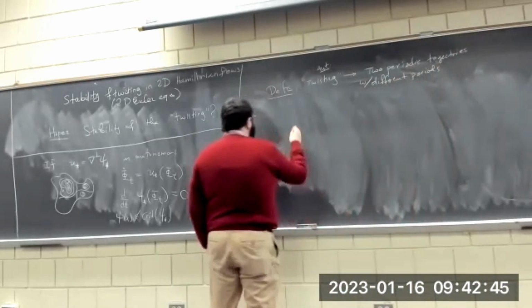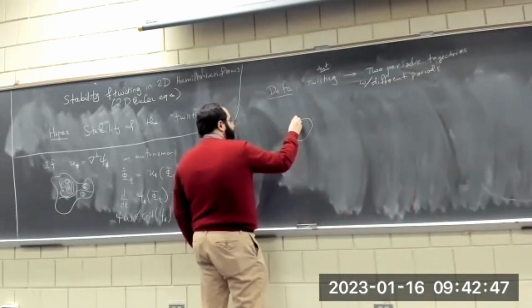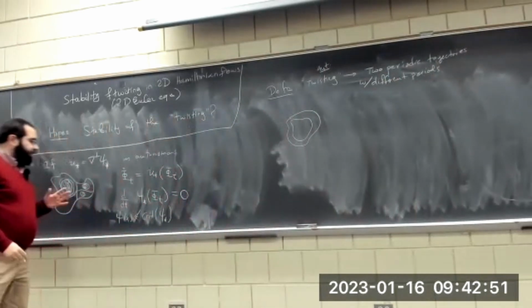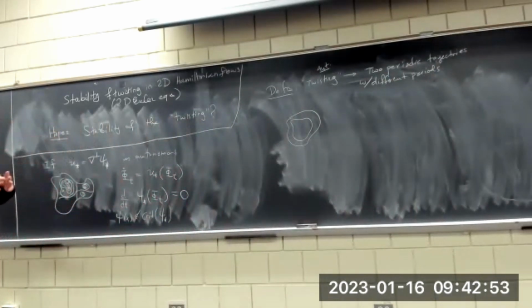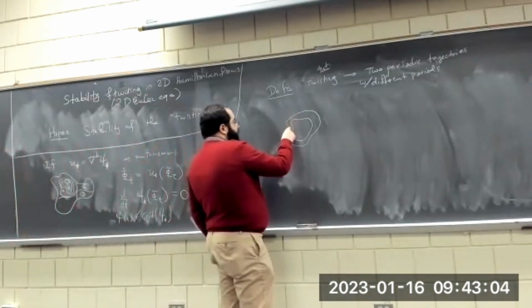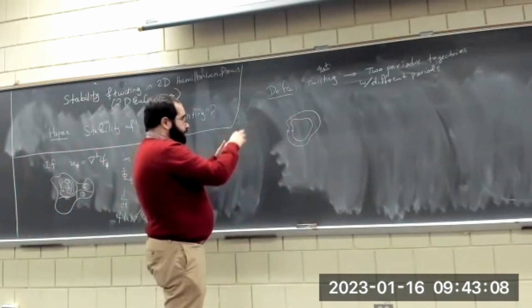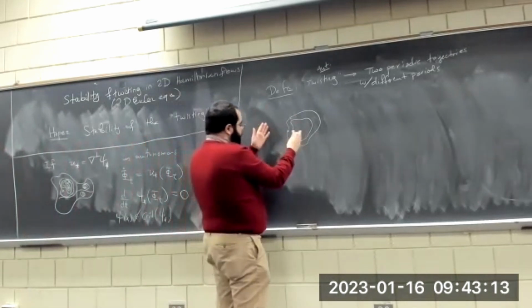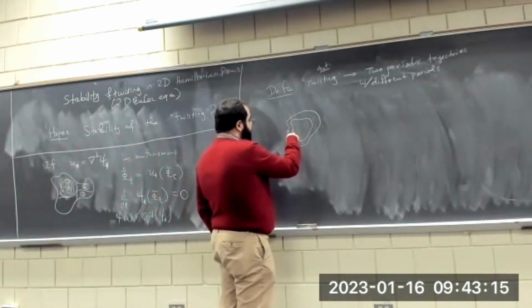Why should that be called twisting? Well, the only way that doesn't happen is if the entire domain is filled with periodic orbits that are all rotating with the same speed. If you have two where the periods are different, you go to a frame of the period of the inner one.